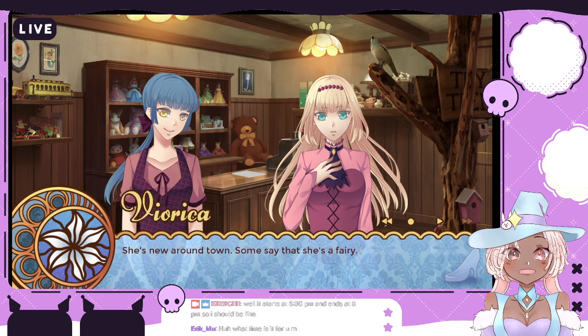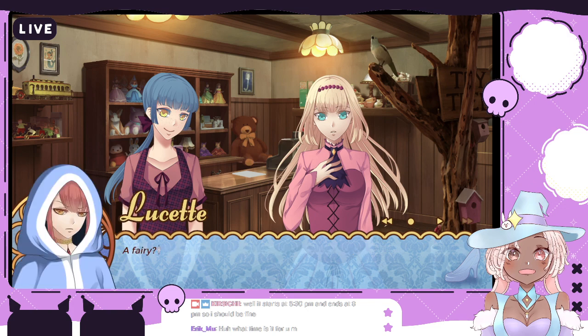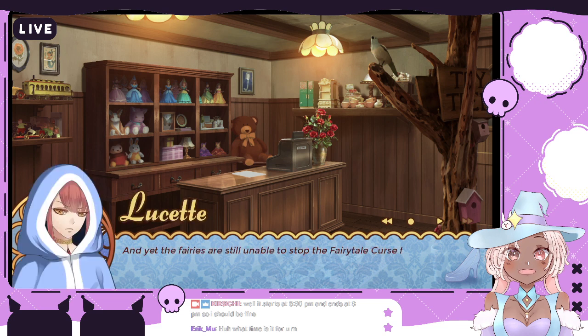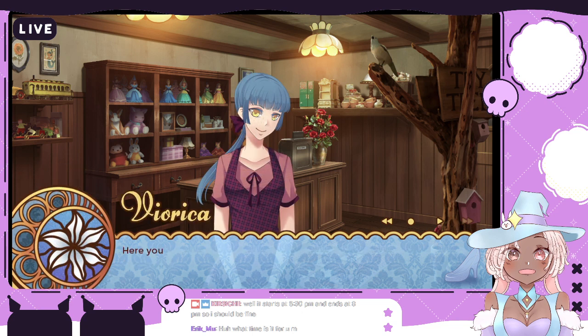She's new around town. Some say that she's a fairy. A fairy? Fairies saved Angel from the witches 4 years ago. Everyone considered them our saviors. And yet, the fairies are still unable to stop the fairy tale curse from spreading.